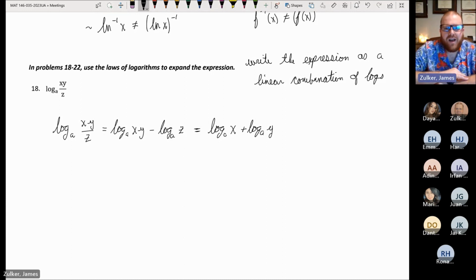That is the sum of the logs. And there would be the fully expanded version.